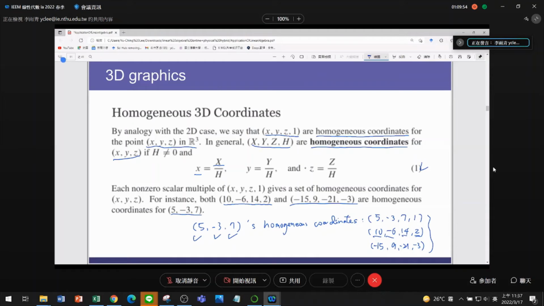So therefore, this one is a successful homogeneous coordinate. It can be used as a homogeneous coordinate. And right here, I have -15 divided by -3 equals 5, and then 9 divided by -3 equals -3, and then -21 divided by -3 equals 7. So this one is also a good homogeneous coordinate.